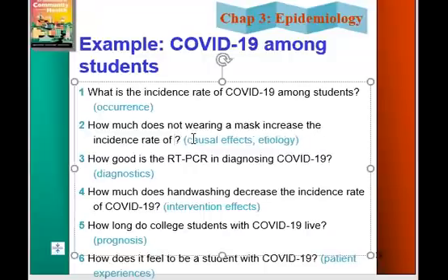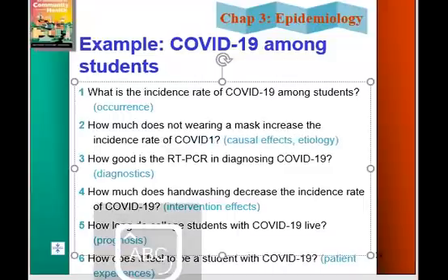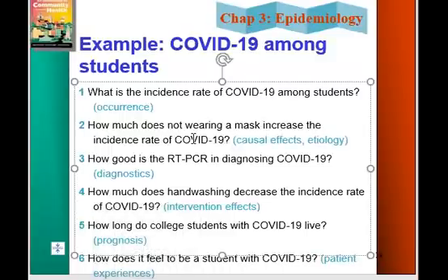Second is, how much does not wearing a mask increase the incidence rate of COVID-19? So we're looking here at the cause of the cases of COVID-19.